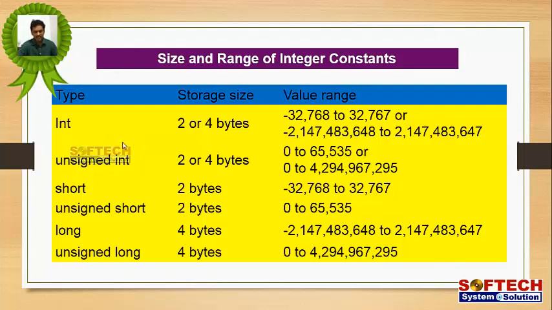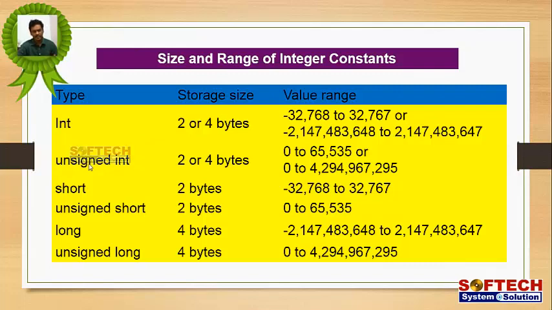In unsigned integer, the first bit is not allocated for sign, so all 16 bits are used to store values. In a signed integer, we need the first bit for sign: if the first bit is 1 it is a negative value, and if it is 0 it is a positive value.